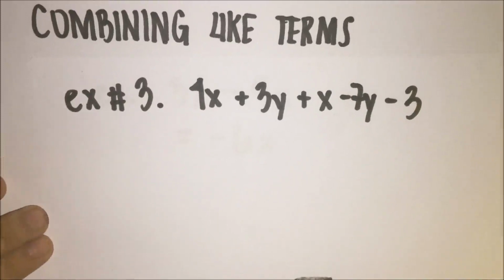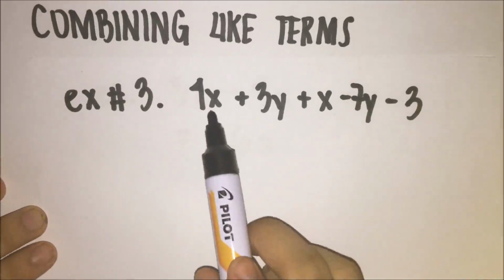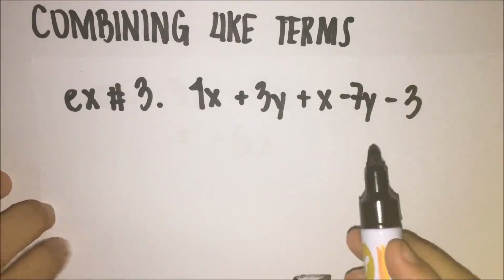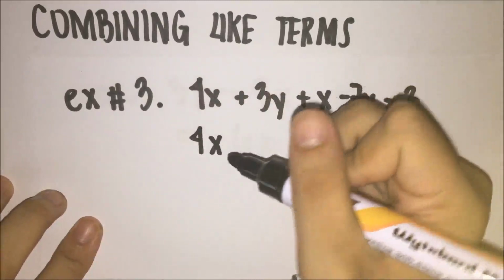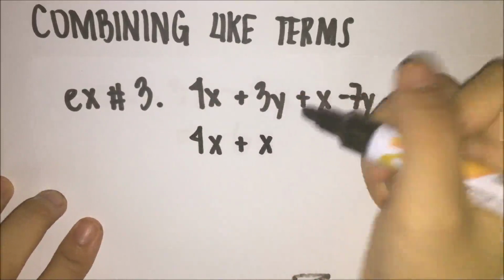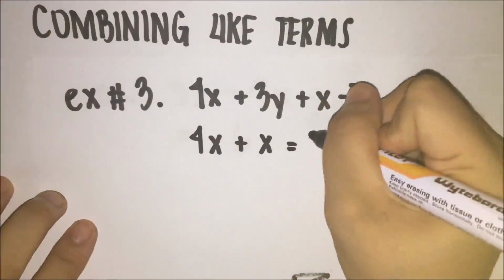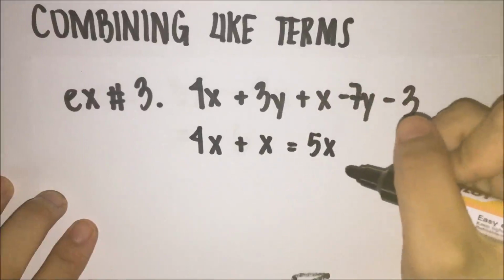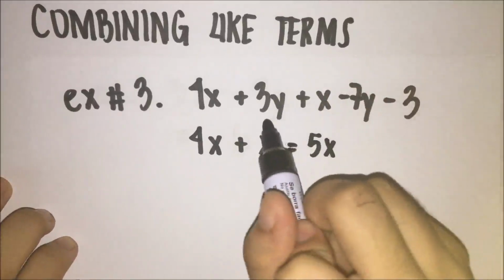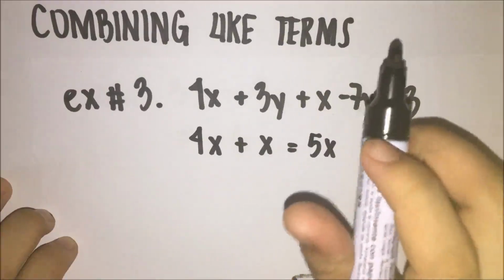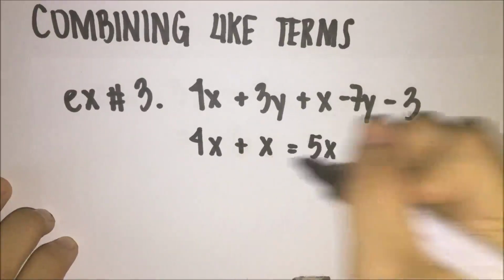So let's take a peek at those x terms first, the 4x and the x. So we will add the two, 4x plus x, where there is an imaginary 1 on the x, and that results in 5x.